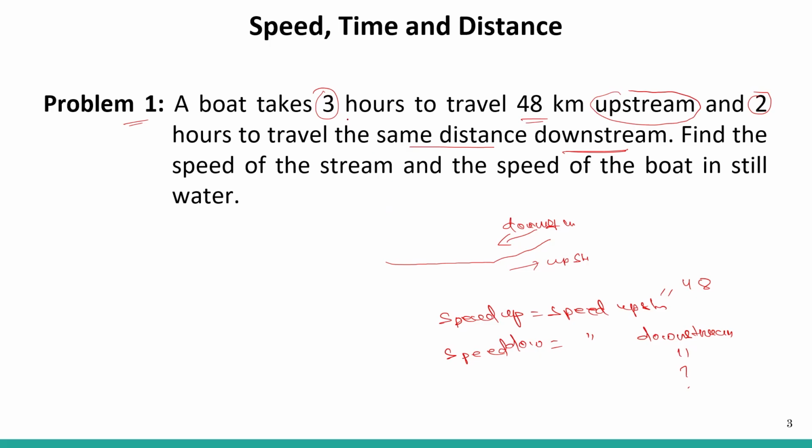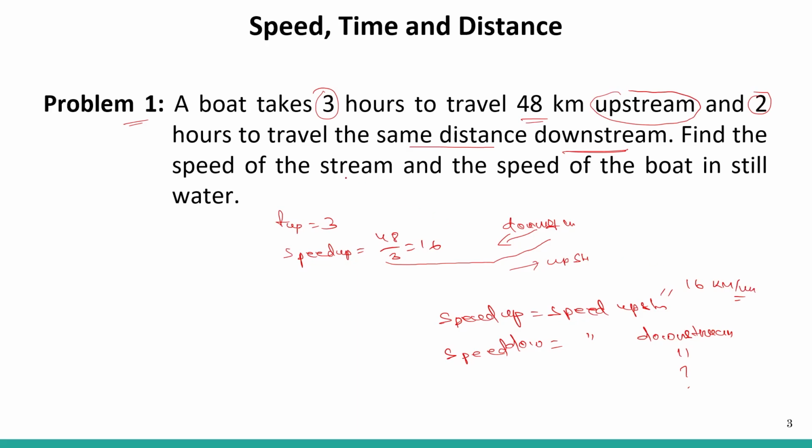The boat takes 3 hours to travel 48 kilometers upstream. Converting this word problem to an algebraic equation, t up is equal to 3 to travel 48 kilometers. So speed up is 48 by 3, which is equal to 16 kilometers per hour.